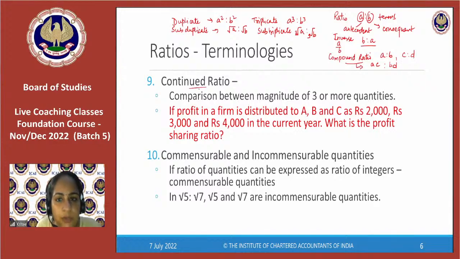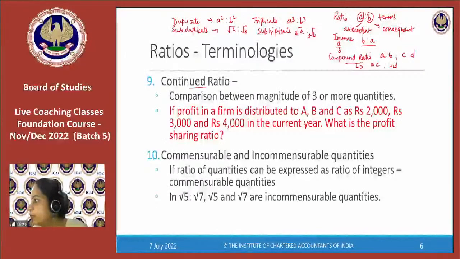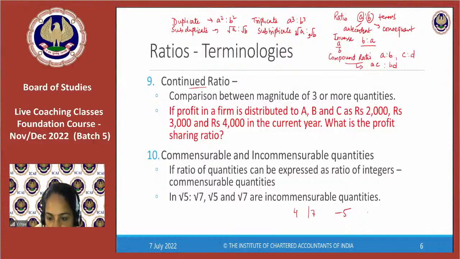Then you have continued ratio. In the continued ratio, we talked about comparison between 3 or more quantities. Then we have commensurable and incommensurable quantities. For those who are asking me the term integers, integers are positive and negative whole numbers and the natural numbers. So any number, say 4, 7, -5, all of these stand for integers, right?